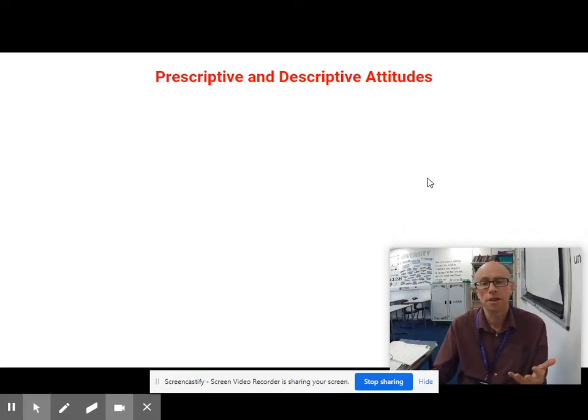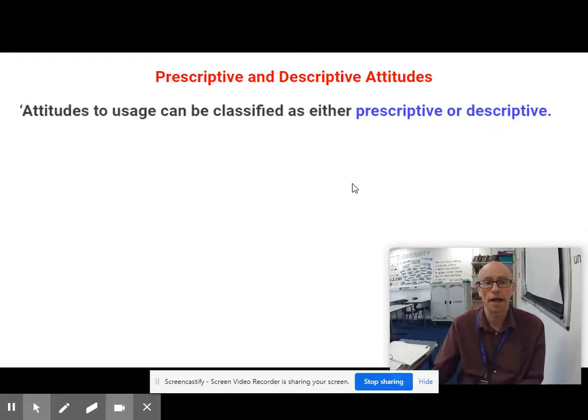When we're writing about the discourses, quite often you're going to be using these terms about whether the journalist is prescriptive or apparently descriptive in their attitude. Attitudes can be classified in those 2 different binary ways, although of course most of the time they're somewhere in the middle of those 2 binary opposites.